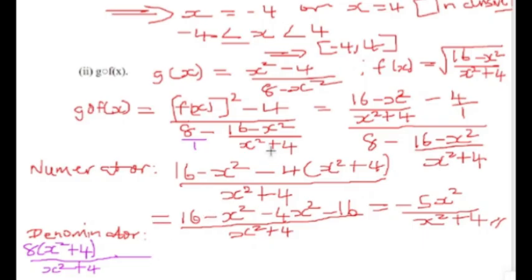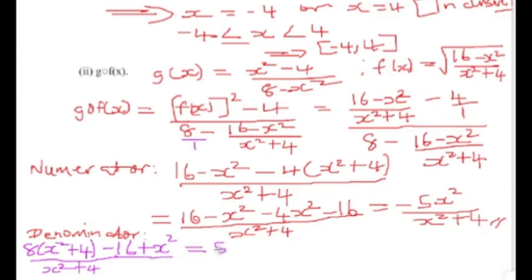Then of course this one remains, this becomes minus 16. Then minus times minus makes this one plus, so plus x squared. Good.